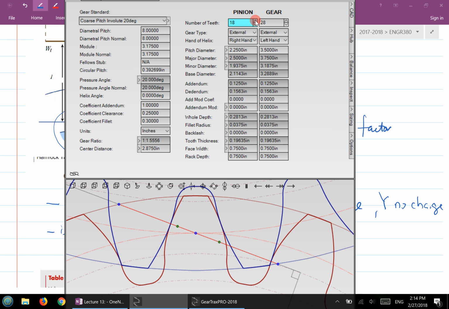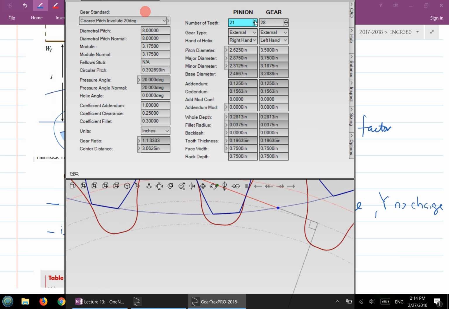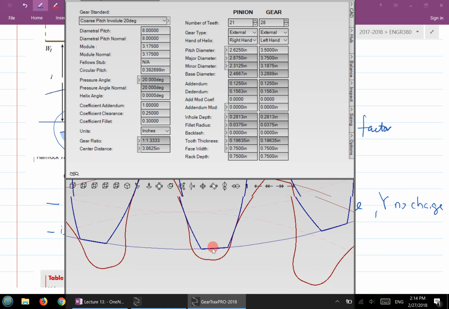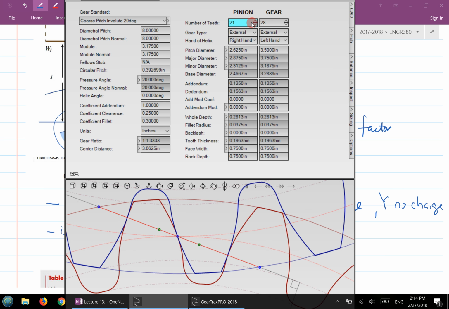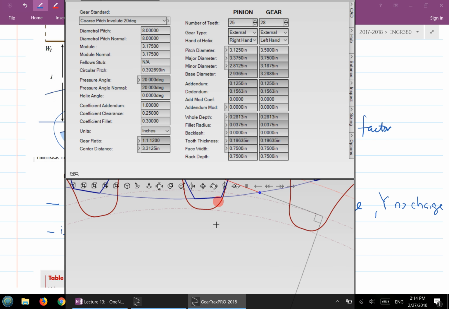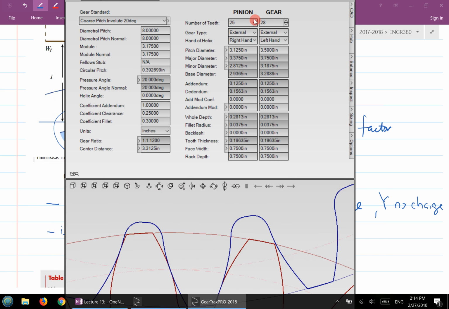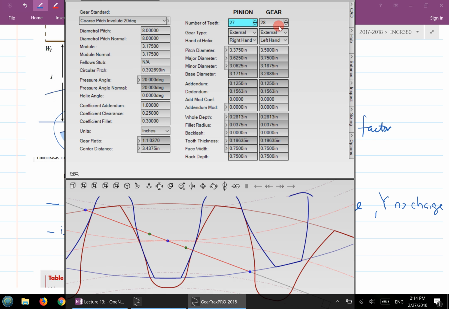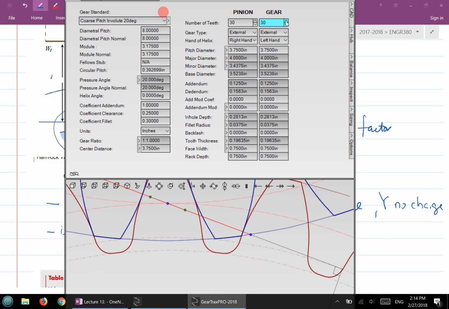Let's see what happens when I change the number of teeth. Now observe that red pinion at the bottom.